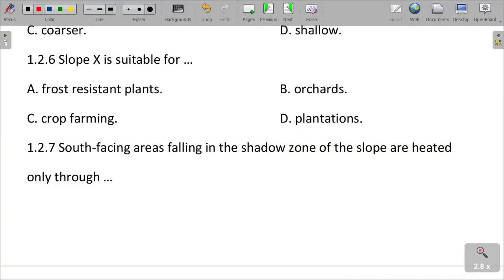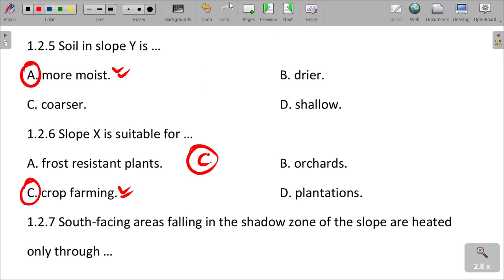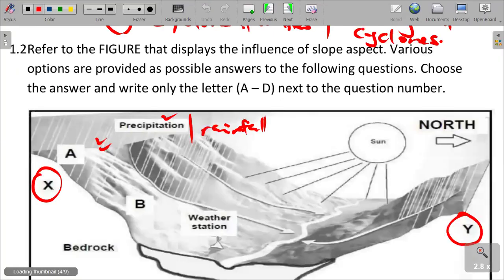We say that it is in the rain and warm zone, so it is suitable for crop farming. There is precipitation and there are also good temperatures, so it is suitable for crop farming in zone X.